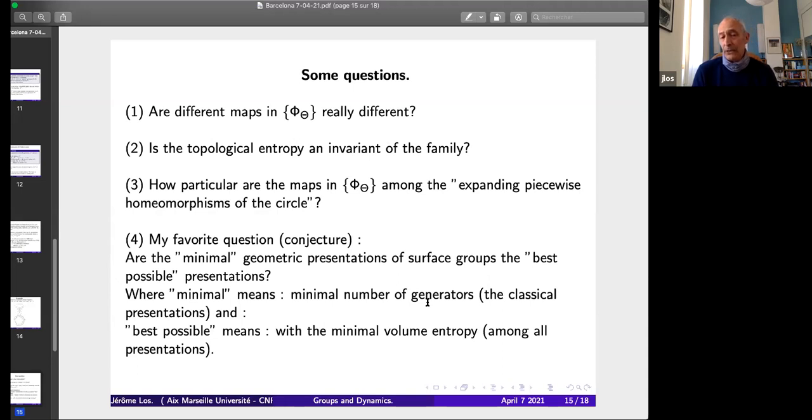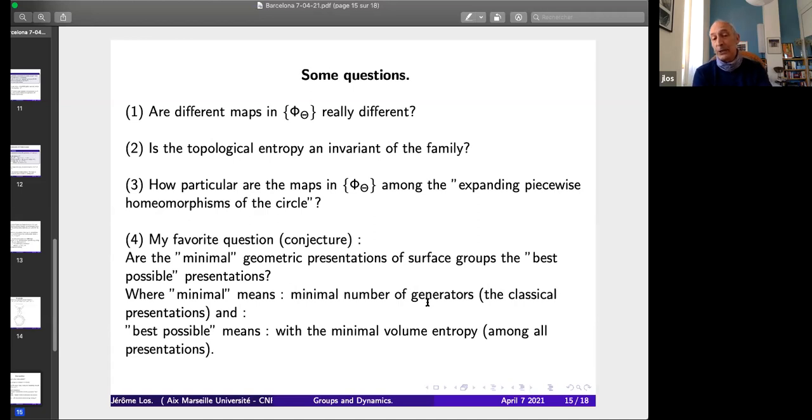So here's the essence of that conjecture. There is one natural candidate to be a presentation with the minimal volume entropy. And this natural candidate is the classical presentation for the surface group, which in terms of generators and relations means that you have a presentation that is geometric and with the minimal number of generators.